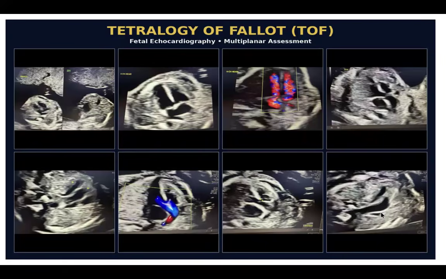Yeah. And so, as we know, tetralogy has three classic findings that we will see: overriding aorta, VSD, and pulmonary stenosis. You may see right ventricle hypertrophy later on as a result of that pulmonary stenosis. But initially, these three findings will suggest a tetralogy of Fallot.